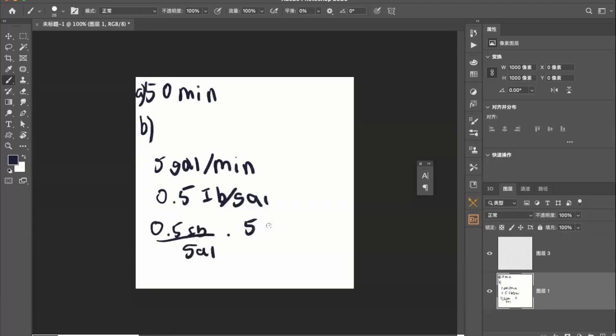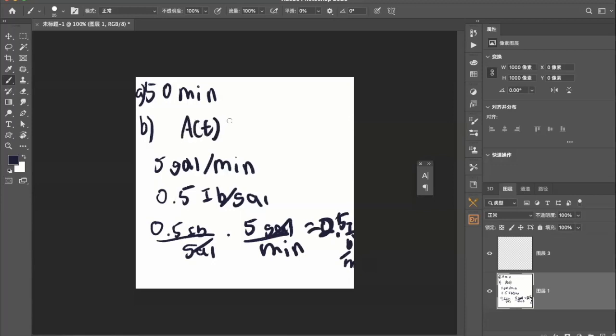Therefore, we just need to multiply them together, and gallon will cancel gallon, and we get 2.5 pounds per minute.